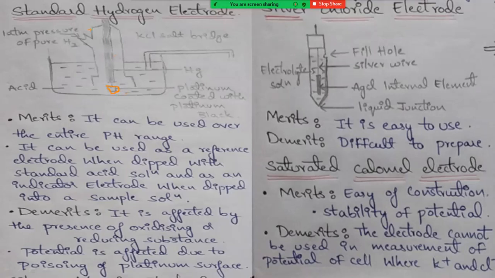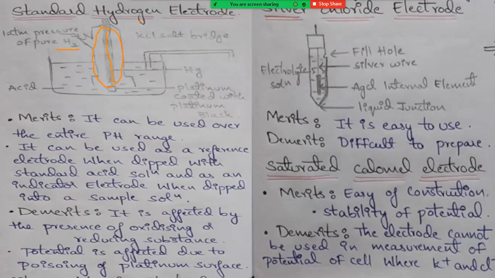And here we have an outer sleeve, which contains some vacuum inside. That means it is completely filled with hydrogen gas, right? That's why this electrode is called the hydrogen electrode. Because the platinum surface inside is completely saturated with hydrogen gas, this electrode is called the hydrogen electrode, right?